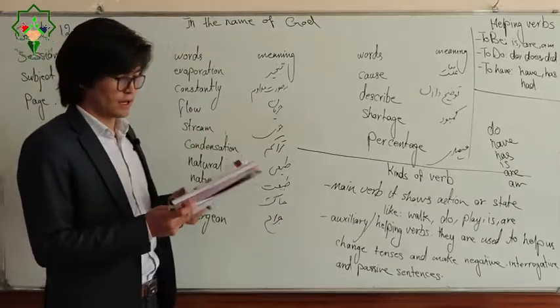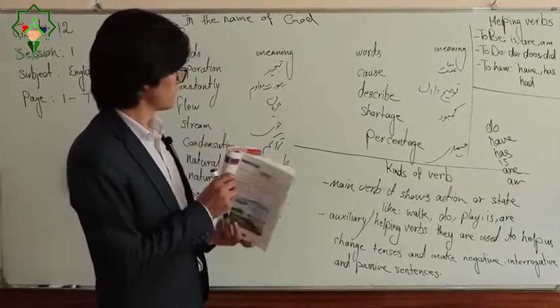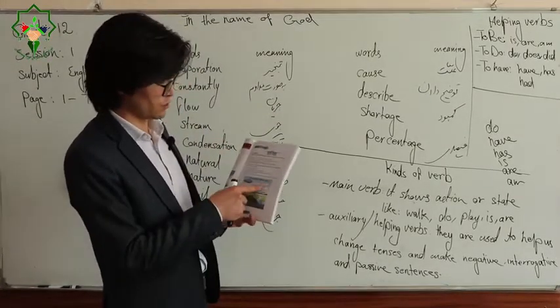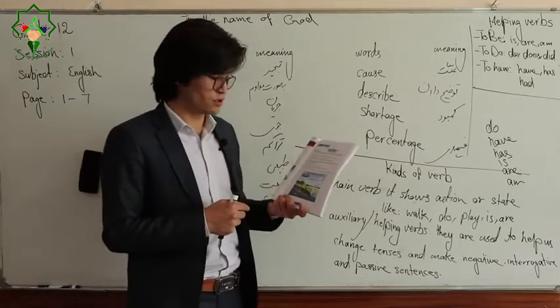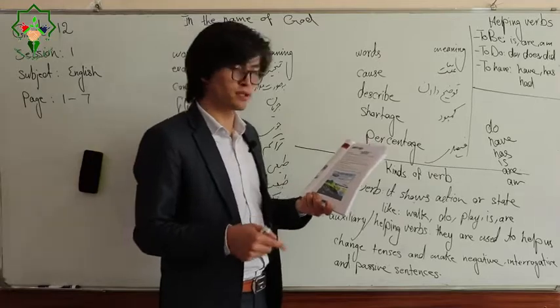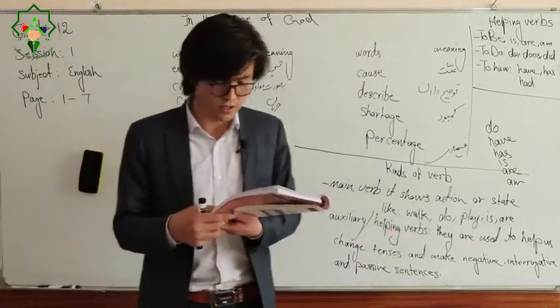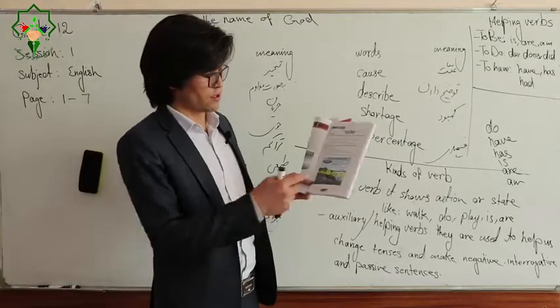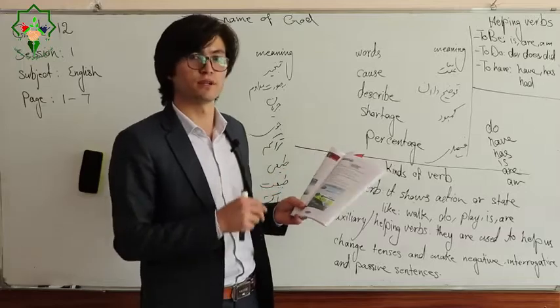And also the second one is evaporation. The second step or level is evaporation. And also condensation. And also infiltration. Infiltration means tasfiyah. And also there is soil. I have written all the words. If you face any problem, please ask me.